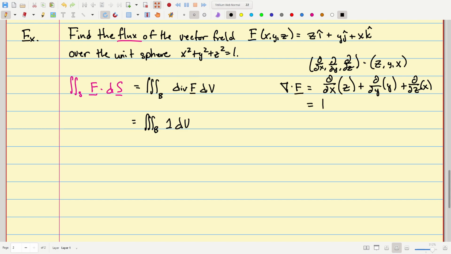I'm just looking for a conceptual answer, not a numerical answer. Now, what's the volume of a sphere? Four thirds pi r cubed, right? Okie dokie. So, relatively easy problem there.